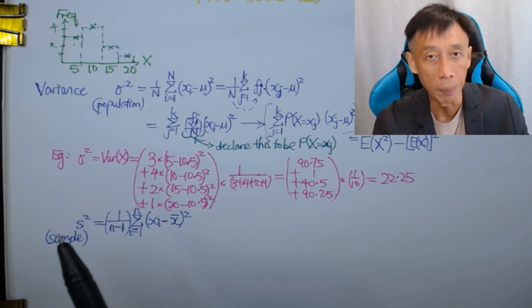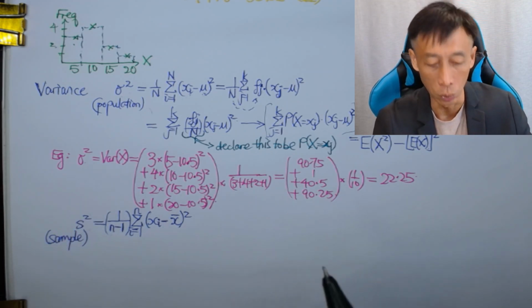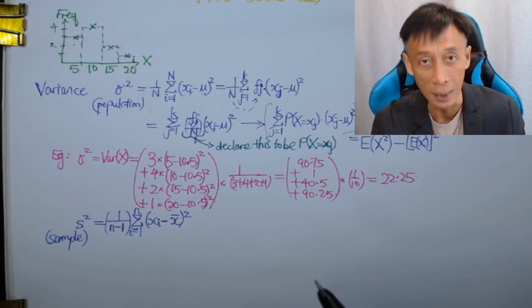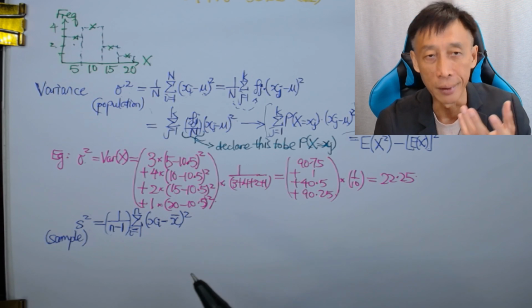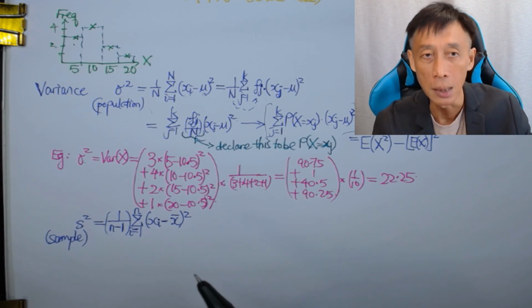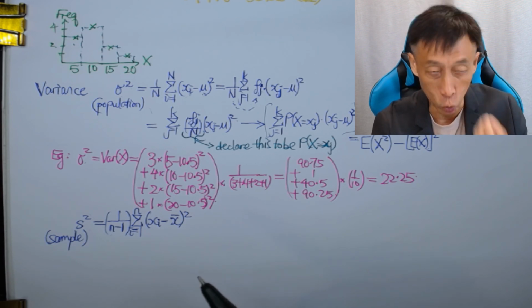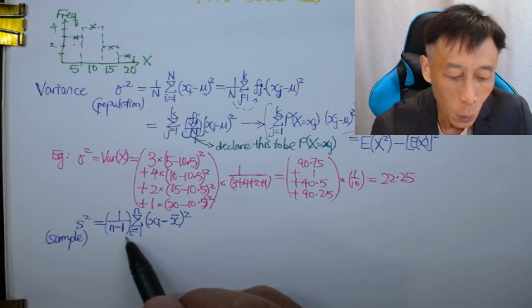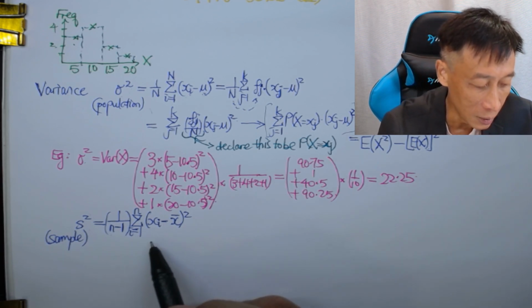So that's the kind of property we like. So it's an estimate, but we like this estimator, this mechanism, in other words the formula, to be unbiased, to be good. All right, so we have this as the definition.